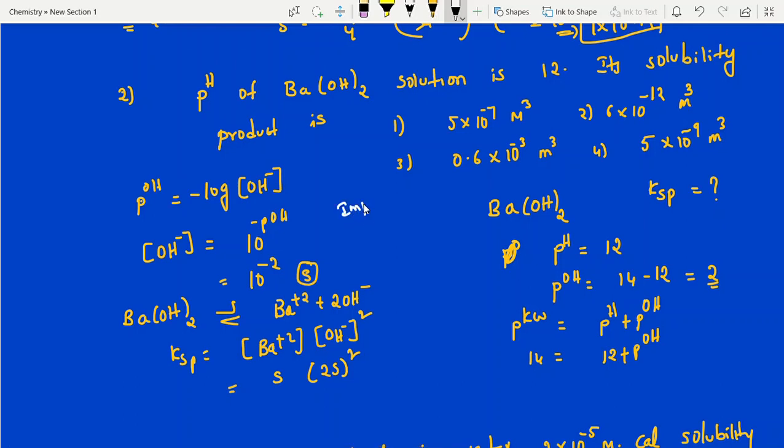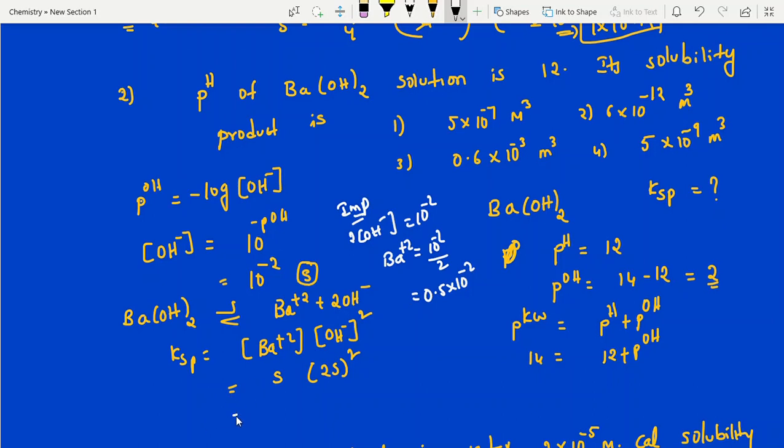Here OH minus ion concentration equals 10 to the power of minus 2, but how many OH minus ions? 2 OH minus ions. The total concentration is 10 to the power of minus 2, but barium ion is only 1, no? Then you can take it as half, 10 to the power of minus 2 by 2. So the correct expression is 0.5 into 10 to the power of minus 2. Then you will get the answer. Otherwise you will get it completely wrong.